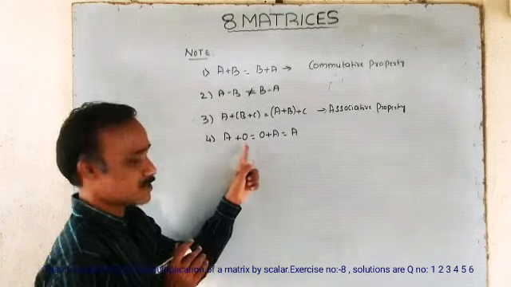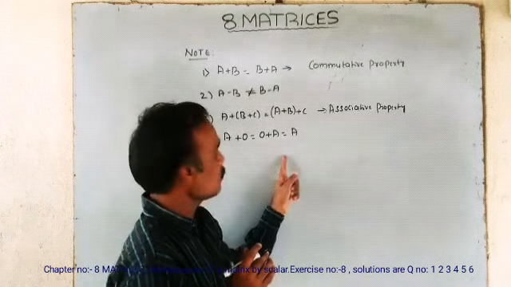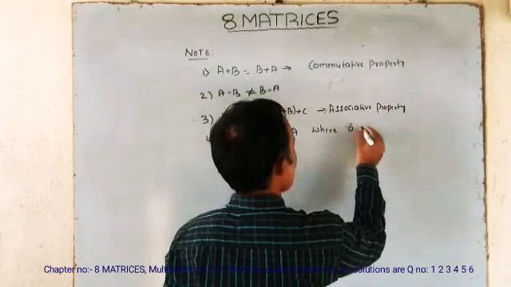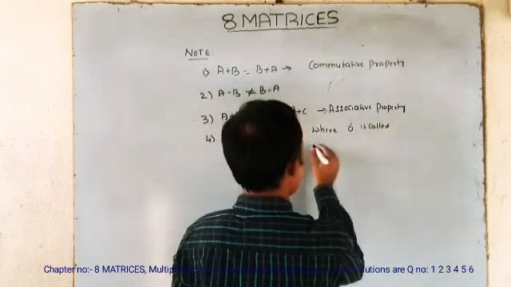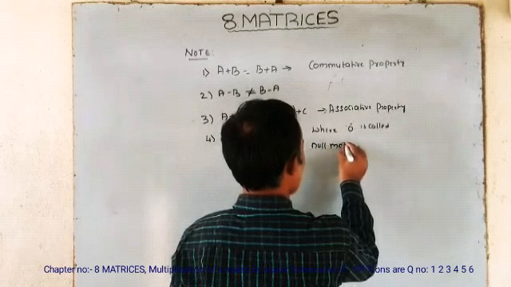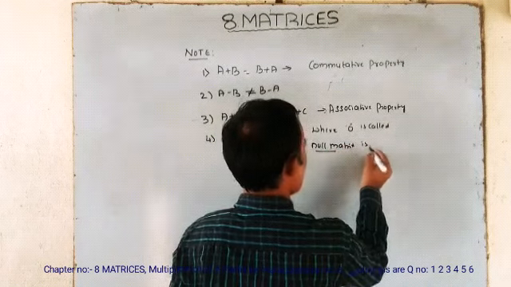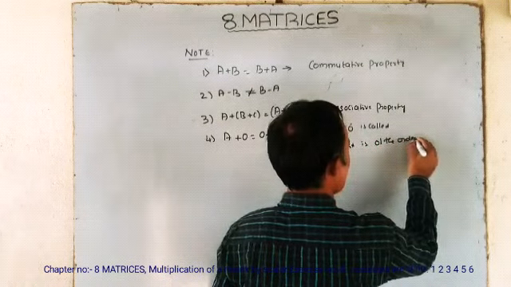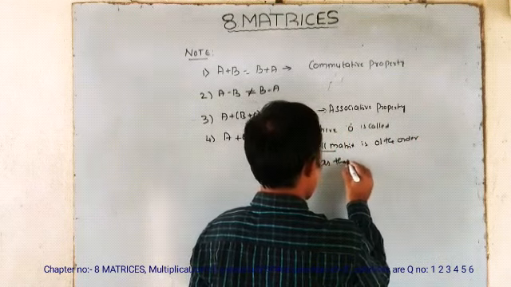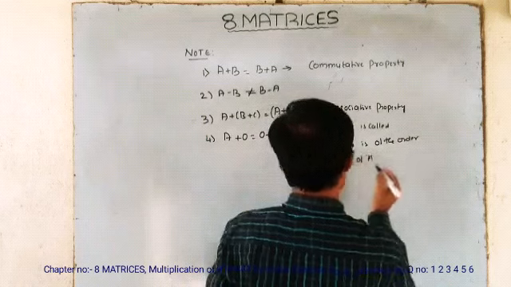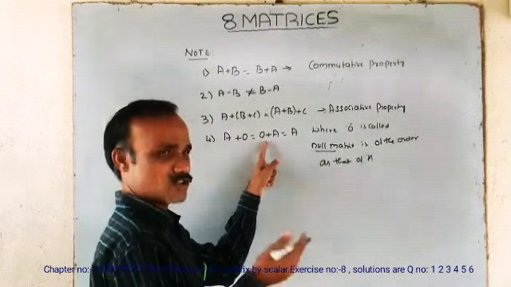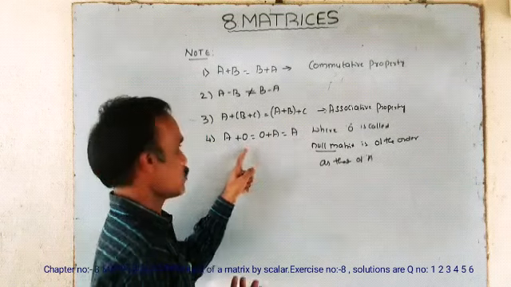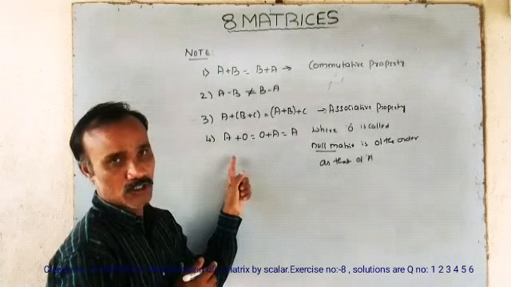The null matrix is of the same order as that of A. If A is 2 cross 2, then the null matrix is the 0 matrix of 2 cross 2. If A is 3 cross 2, then the 0 matrix is 3 cross 2. This is also a very important property.